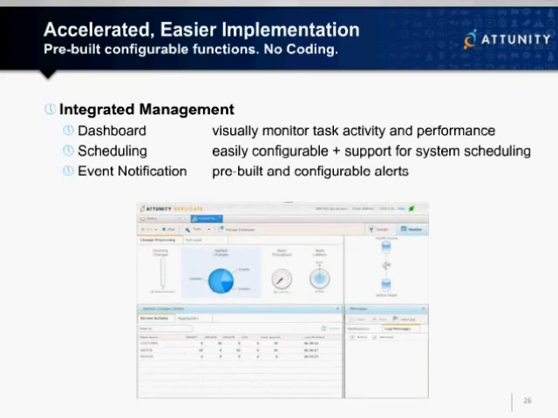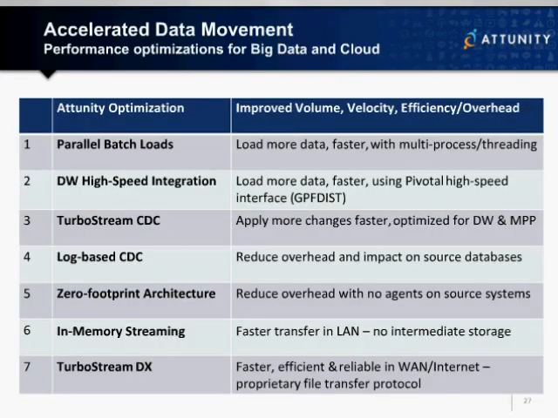On top of that, Attunity provides a lot of optimizations in terms of the performance of loading data, whether it's large amounts of data, or whether it's continually changing data in your data center or between data centers. So the list you see here on this slide includes 7 different optimizations that are all prepackaged for you within Attunity. For example, handling parallel batch loads, leveraging high-speed integration into the data warehouse.